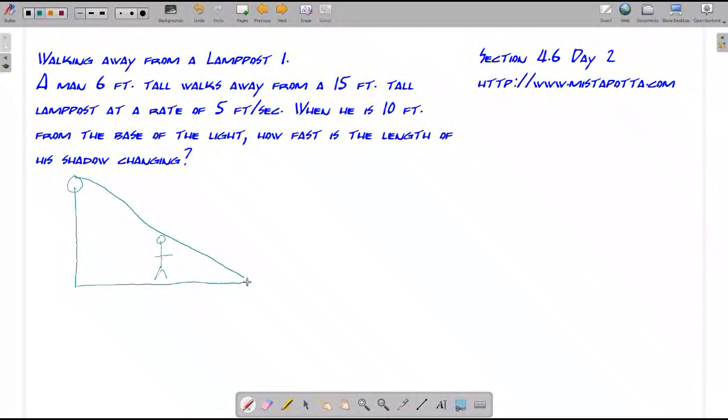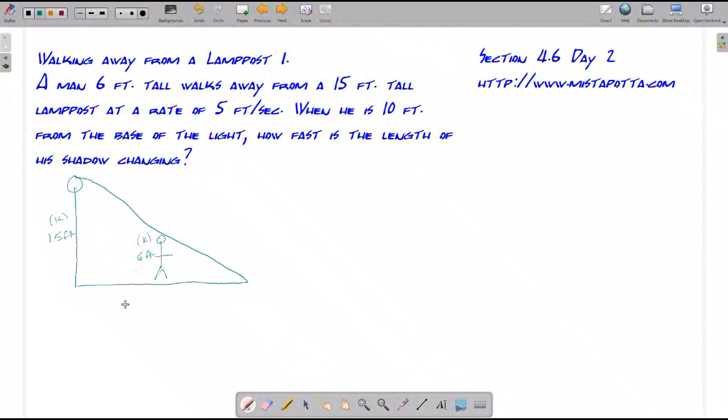Now, what I know from this problem is that my lamppost is 15 feet tall, and this actually is a constant, as is the man's 6 foot tall height.